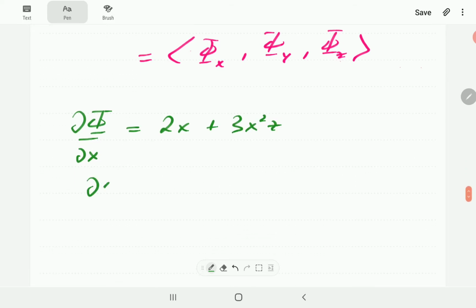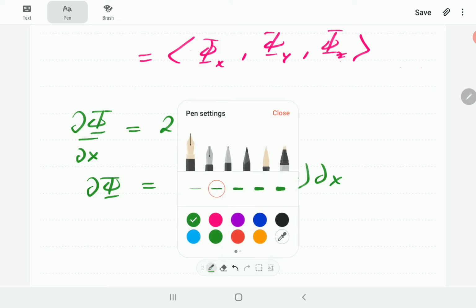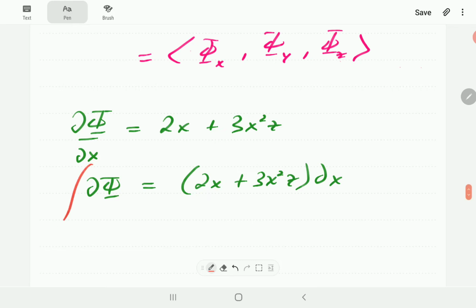Now from this, partial phi is equal to 2x plus 3x squared z partial x. Then we can integrate on both sides. So this is partial integration.